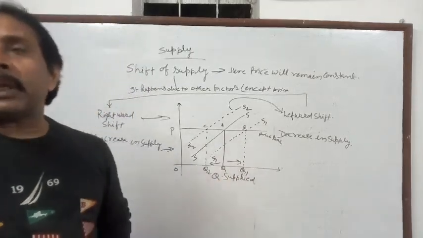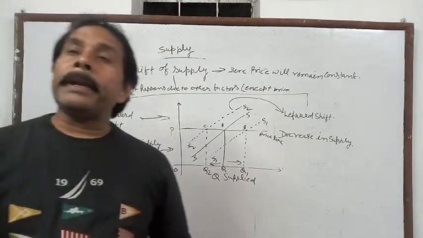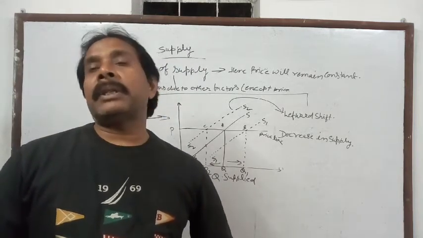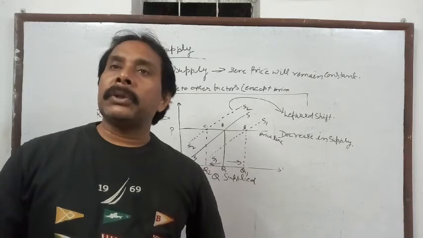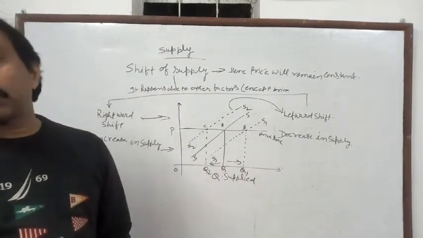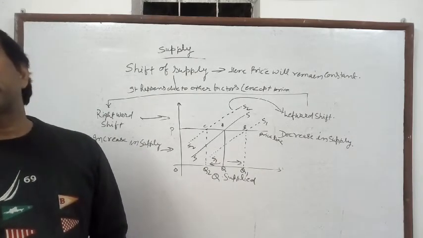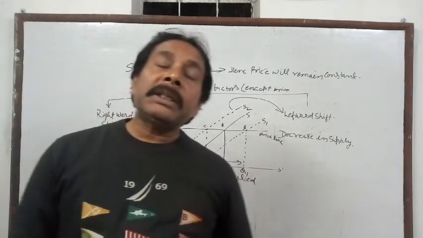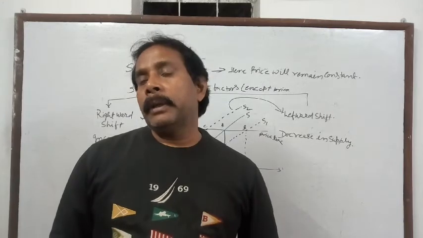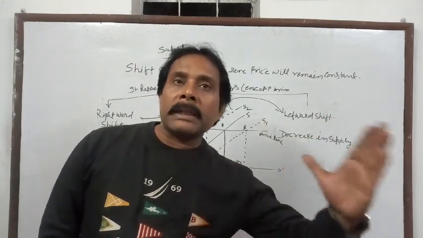Now, if a question comes in the exam, explain what will happen if the government has increased the taxation and reduced the subsidies. So, here the marginal production cost will increase. In other words, we can say the profitability of the firm will decrease. So, in this situation, what will happen? The cost of production is increasing.